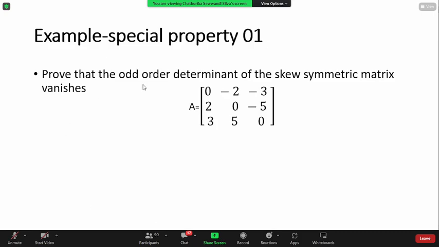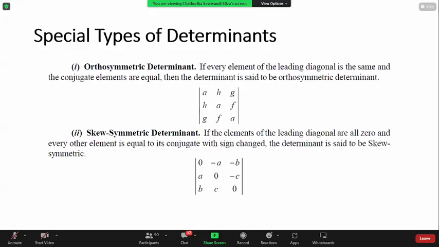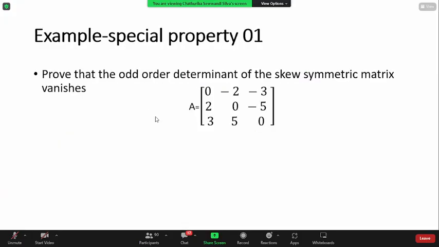Prove that the odd order determinant of a skew-symmetric matrix vanishes. This is a property under these two special determinants. So students, what is the determinant?